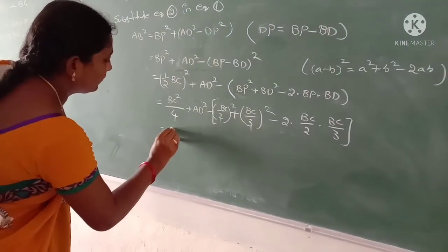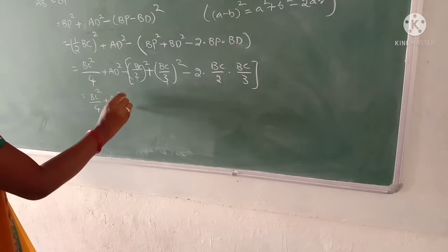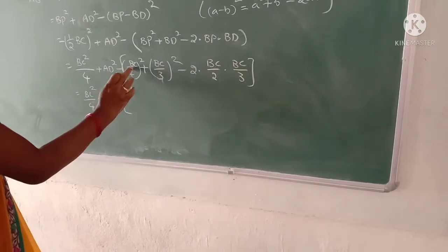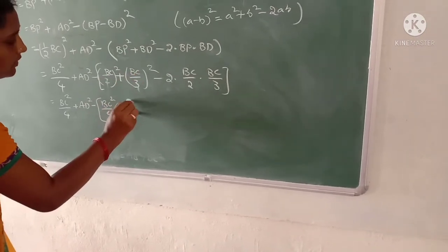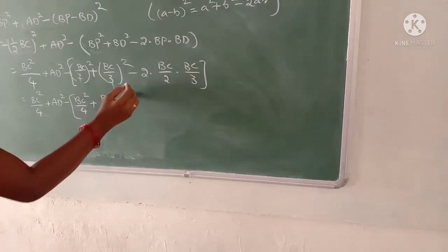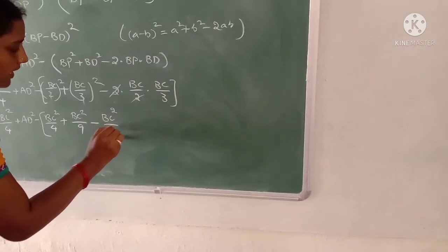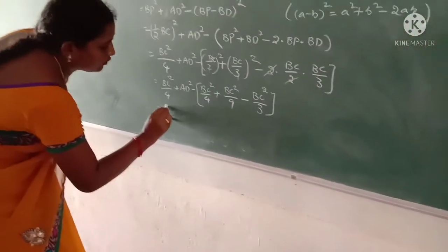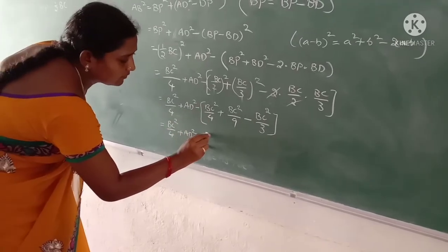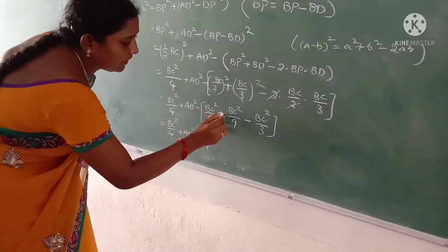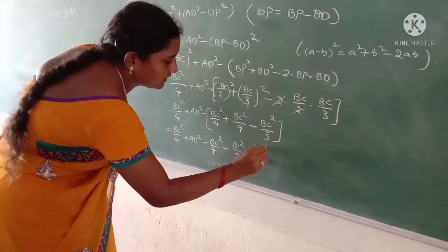So that equal to BC square by 4 plus AD square minus, BC square by 2 square means 4, plus BC square by 3 square means 9, minus 2 cancel, BC into BC square by 3.